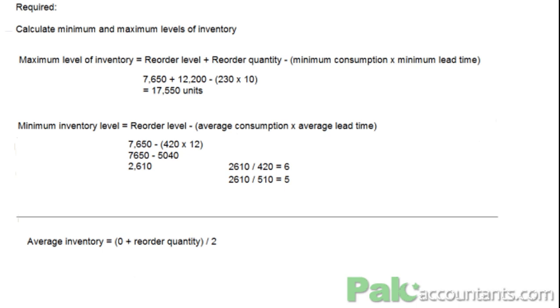But if we are holding a safety stock, now what is safety stock? Let's understand that. Safety stock is kind of a margin that you have, buffer stock, safety stock. I was discussing safety stock, and let's review that again.